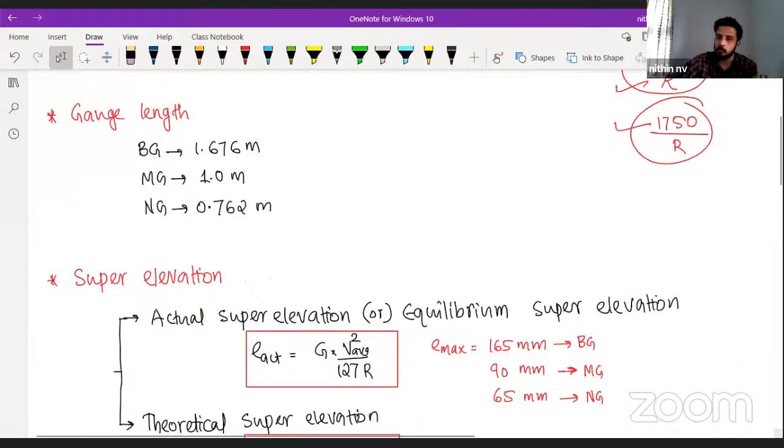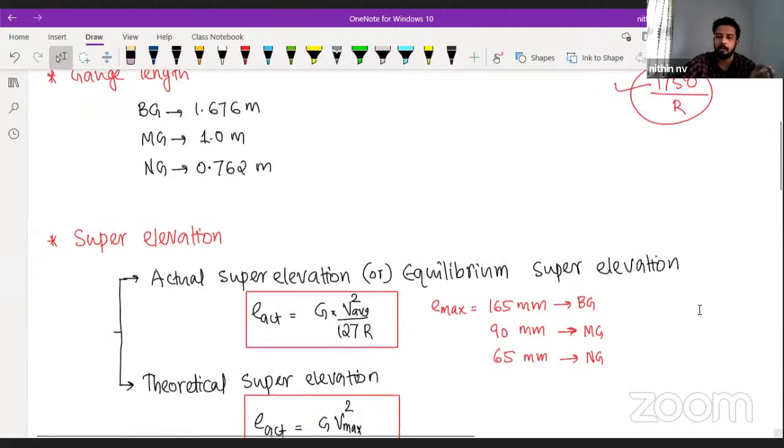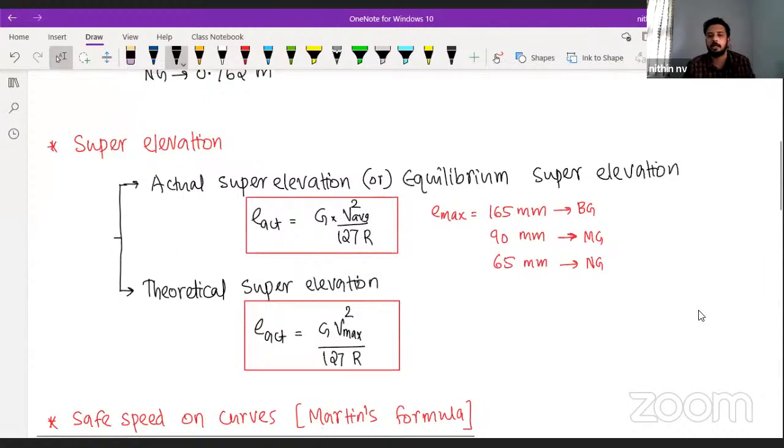Now coming to the super elevation, this is also very important. Maybe they will ask a question from this only. Actual super elevation we have, theoretical super elevation we have. We were not having this in highway, only in railway. Now see this V square by 127R that we have already studied in highway. Along with that, a value G will come. Why is this happening?